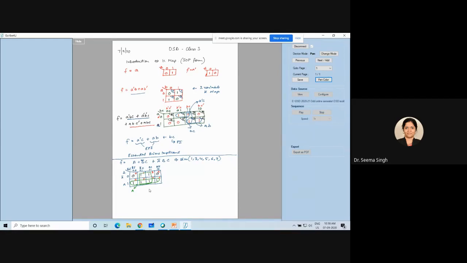What we are doing now is simplifying a Boolean expression using a K-map. You have already used Boolean algebra to simplify Boolean expressions last semester.